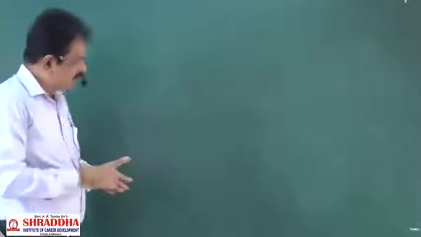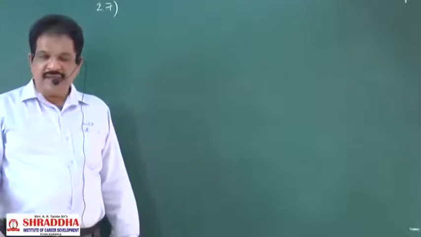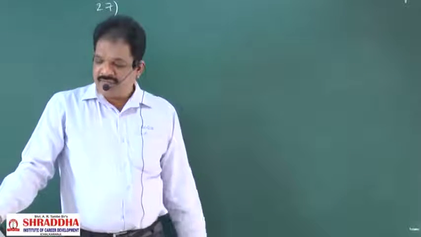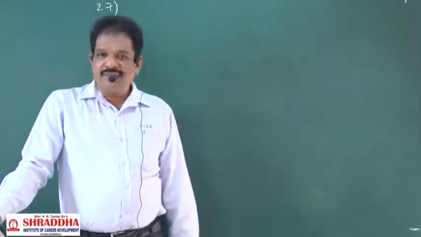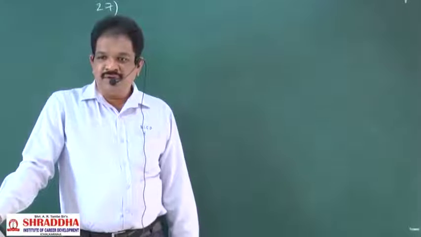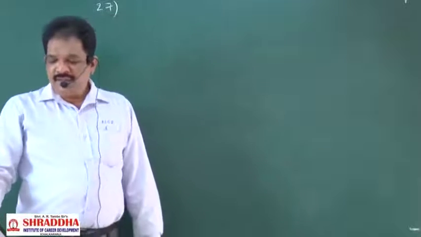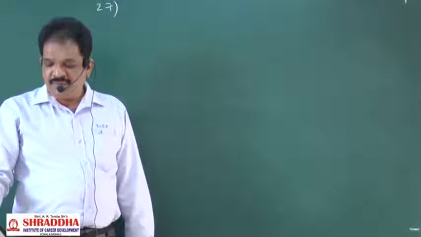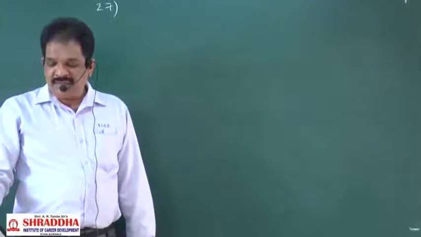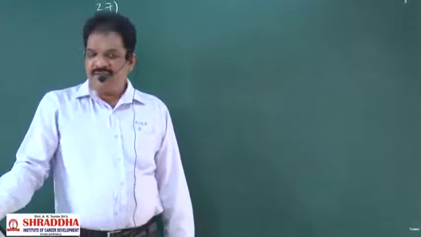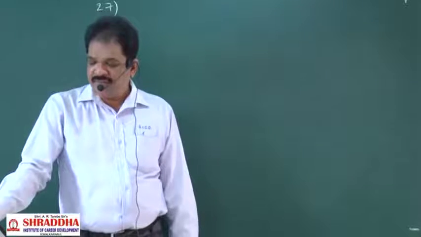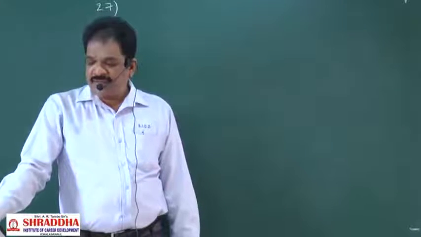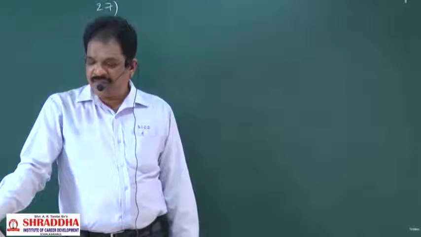Next, 27. What they are asking: while measuring the acceleration due to gravity by a simple pendulum, a student makes an error of 1% in the measurement of length and an error of 2% in the measurement of time.